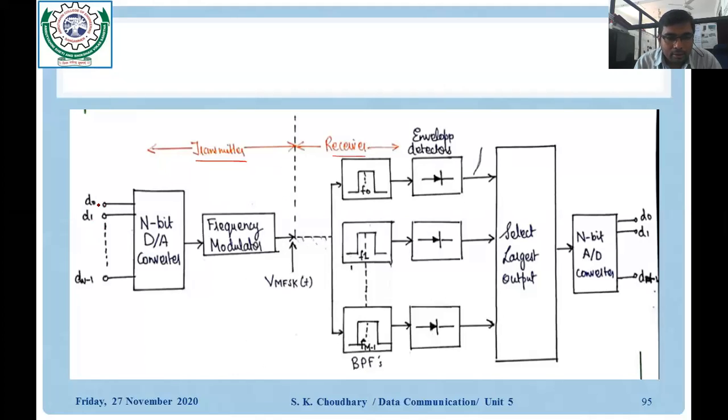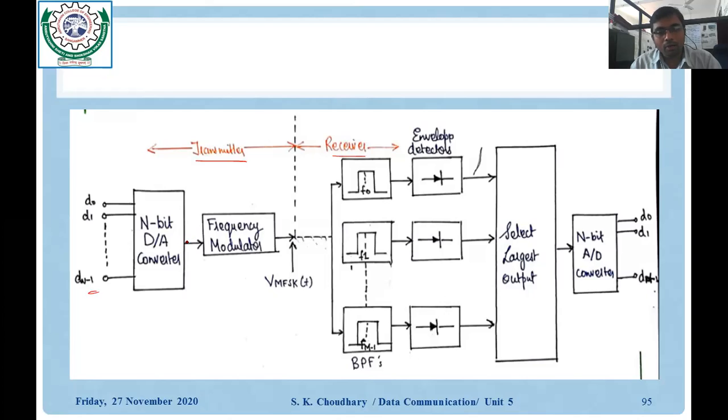You can see the binary data, that is the digital signal of n bits D0 to Dn-1, is applied to the n bit digital to analog converter, and that would convert this n bit data into a single analog signal.